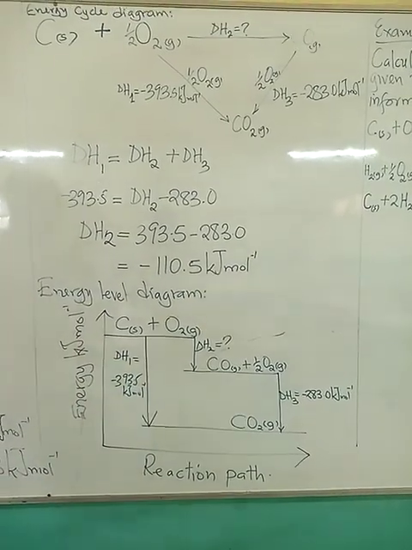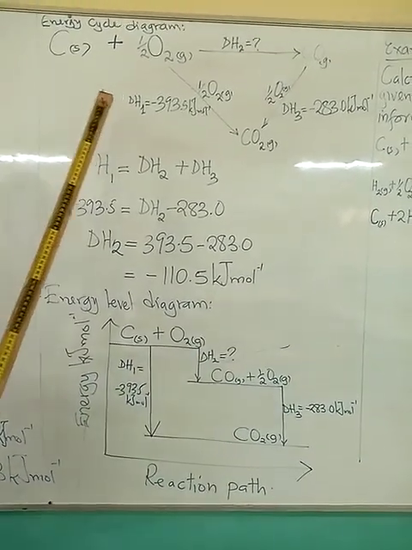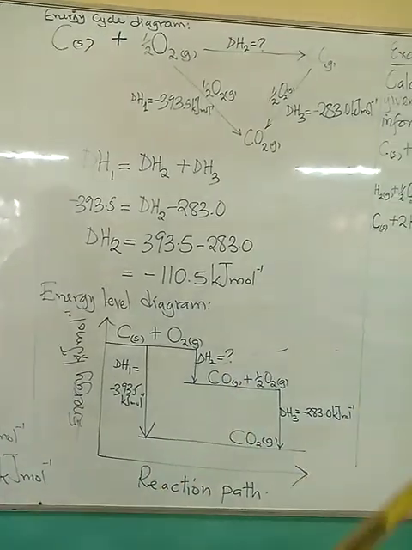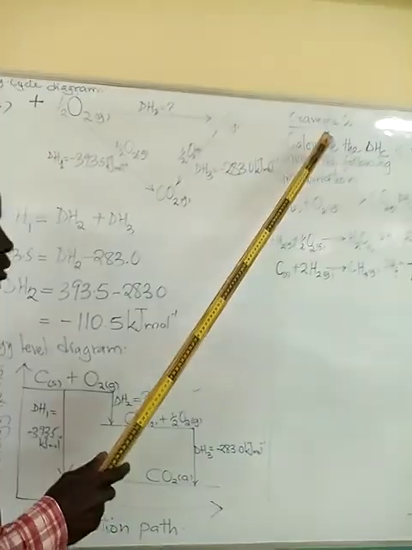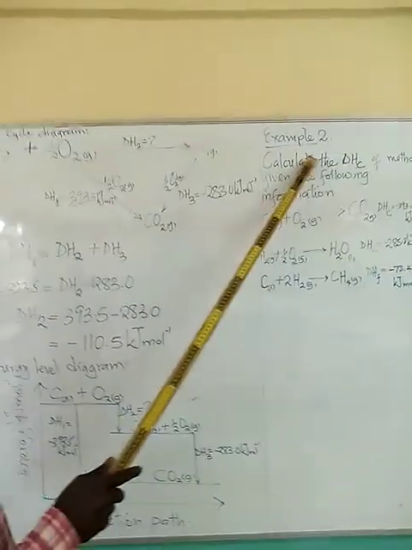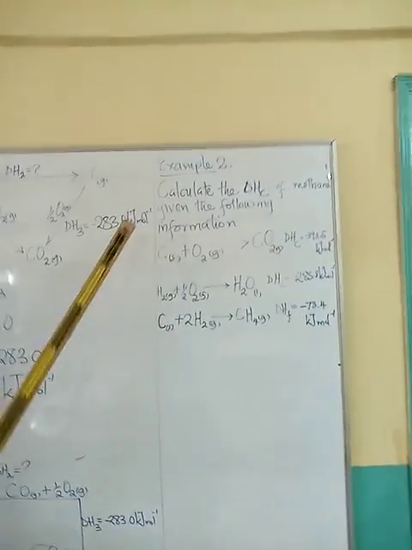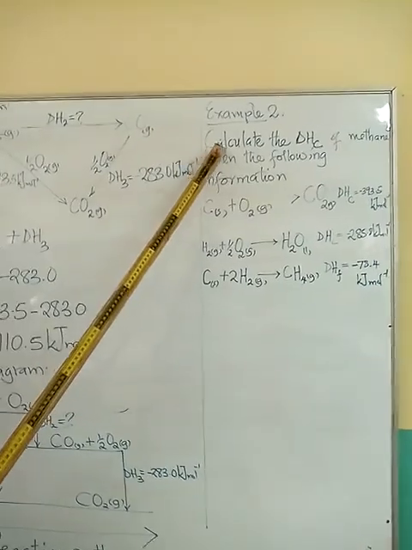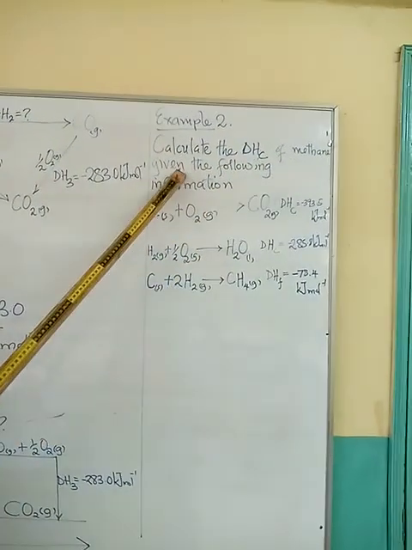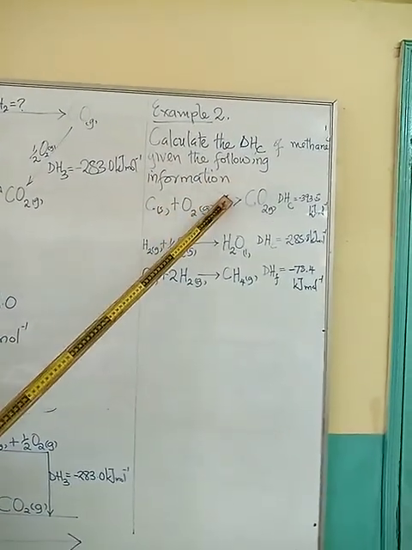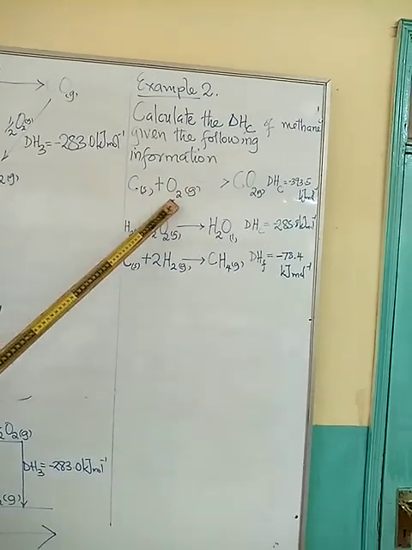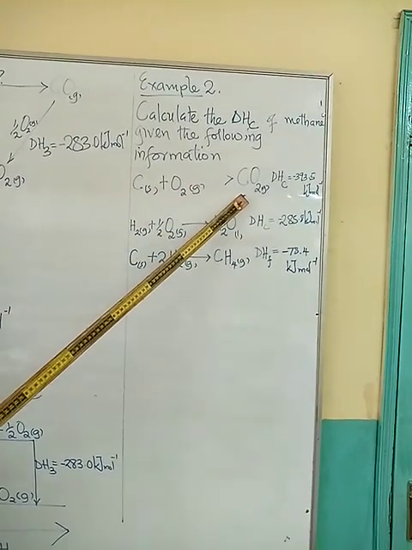Students, if you follow the steps clearly, then you should be able now to do our second example that will form the exercise for the next lesson. That is, calculate the enthalpy of combustion of methane given the following information. Carbon undergoes combustion to form 1 mole of carbon dioxide.